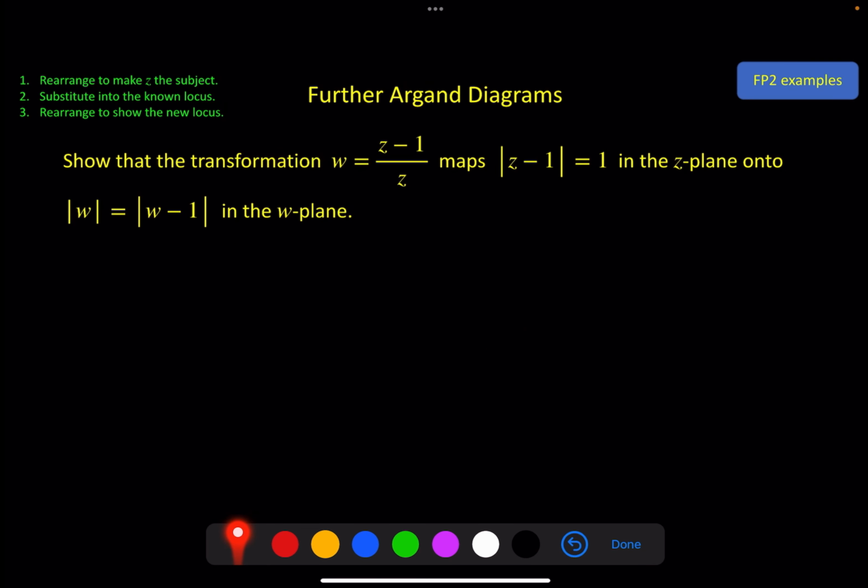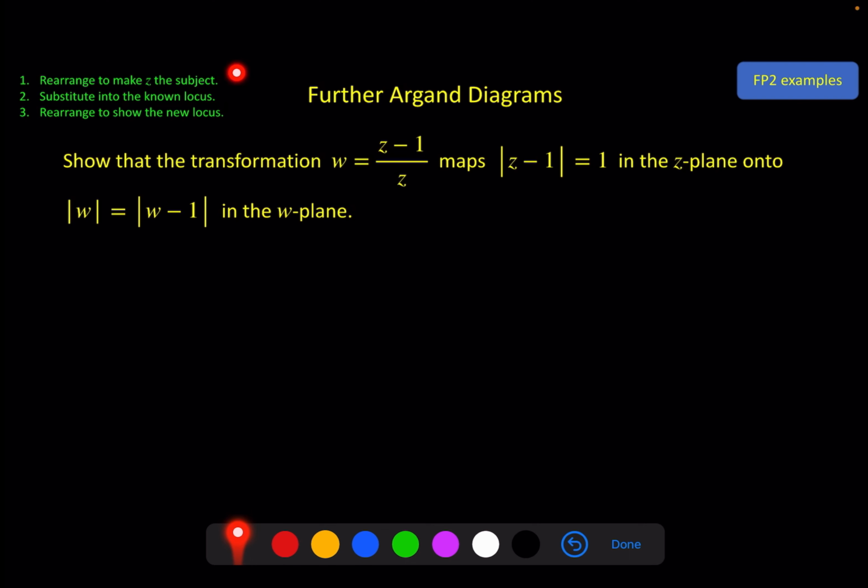Using the same method, show that the transformation, this, maps this locus in the z-plane onto this locus in the w-plane. And you can see straight away this is a much more complicated transformation because in the z-plane this is a circle, and in the w-plane it has become a line, a perpendicular bisector. Changing a circle into a line is not something that is easy to do with our GCSE transformation processes, but here it's a fairly simple equation.